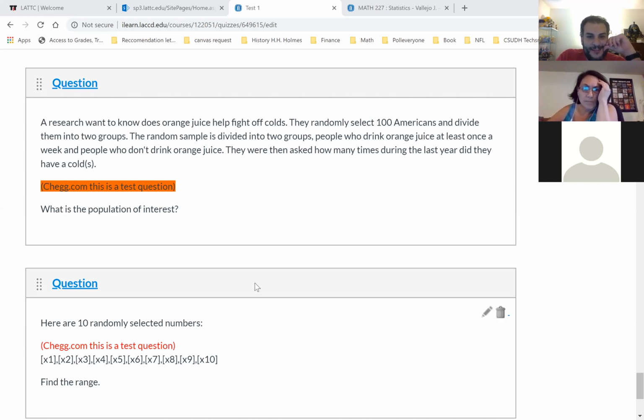The answer is Americans. That's it. You don't have to put 100 because I'm not asking you for the sample size. They're just focusing on Americans, because that's who they're sampling. If you remember, whenever I say population, you're focusing on who they focus on. So since they're just focusing on Americans, your population of interest is just Americans. And that's it for that one.